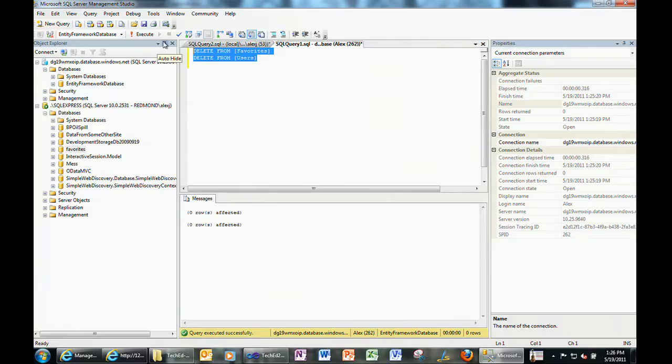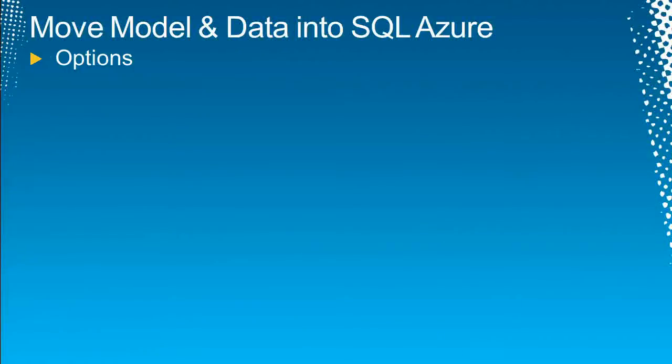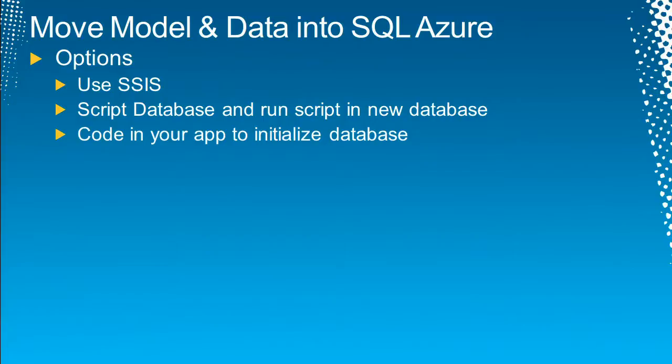There are other ways you could do this. You could use all the tools that you might be familiar with. If you're familiar with SSIS, you could use that. Let me just go back to the deck. So you could use SSIS. You could script the database, which is kind of what I did, and you could also have some code in your app to initialize or put some seed data into the database.